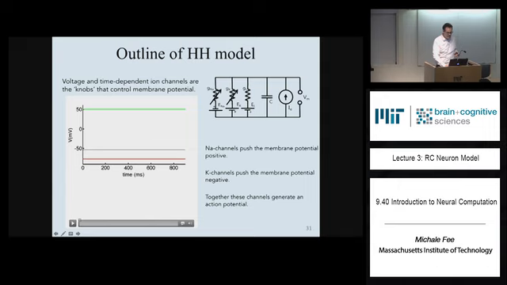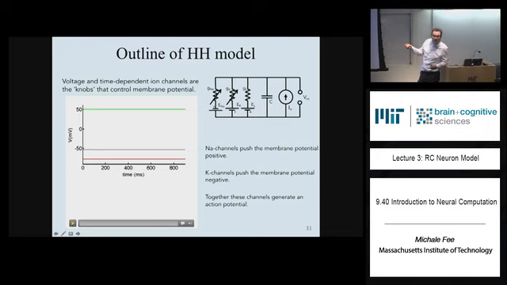The conductances are going to be plotted along the bottom, and the voltage of the cell is going to be plotted as a function of time here. And the green and red show the reversal potentials for the sodium and potassium. Okay?